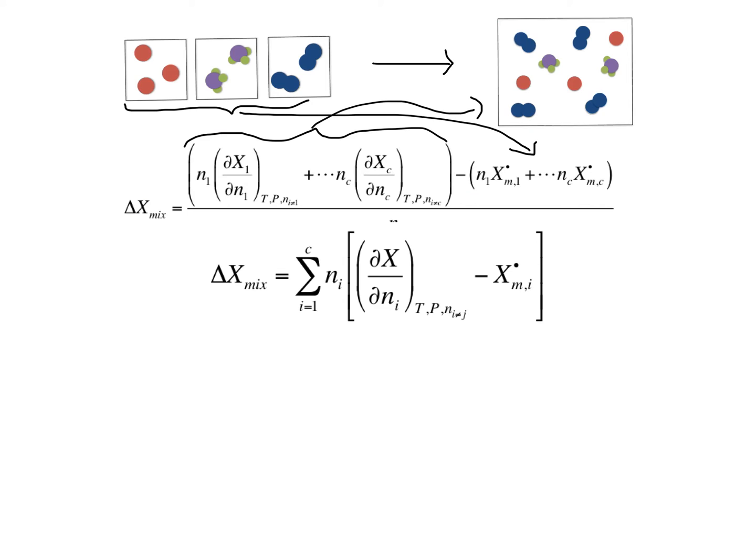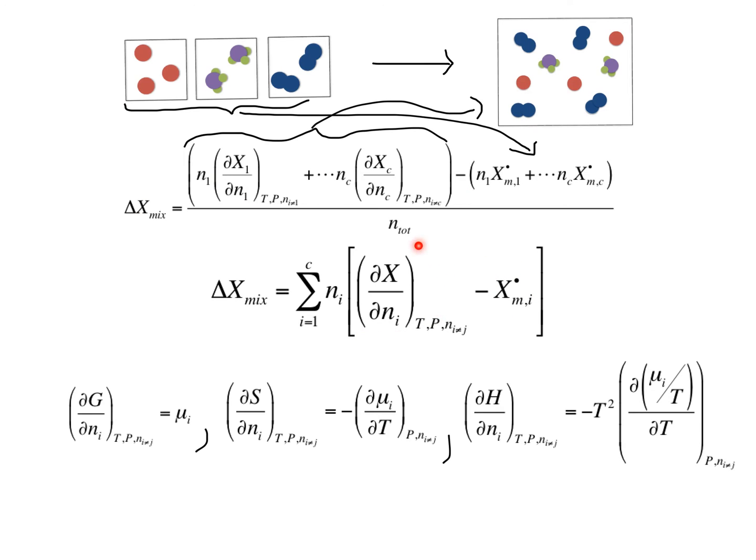I can rearrange this equation by getting all the terms for component 1 together and all the terms for component 2 together and so forth and so on for component C together. So the change in a given thermodynamic variable when I mix is just the sum of the difference between the amount that component contributes to the mixture minus the amount in the pure substance.